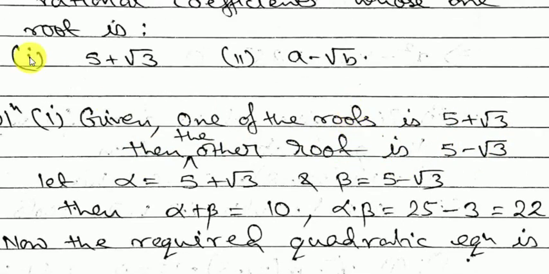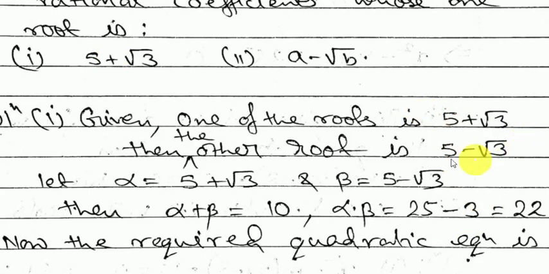Why? Because you can see that this root is irrational, and you know that if one root is irrational, then the other will be its conjugate. So one root is given to us and it is irrational, so the other root is 5 minus square root of 3. Conjugate of this will have a minus here.